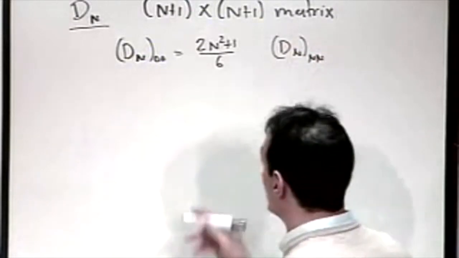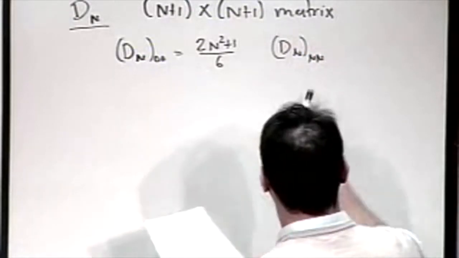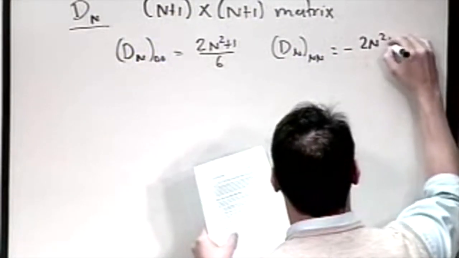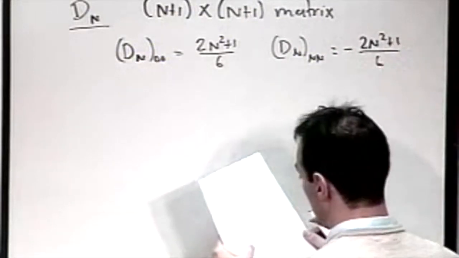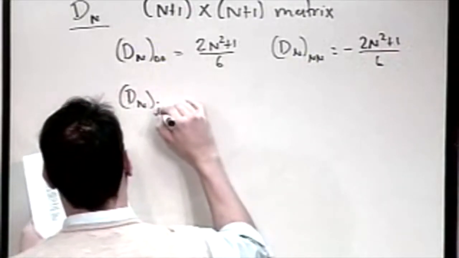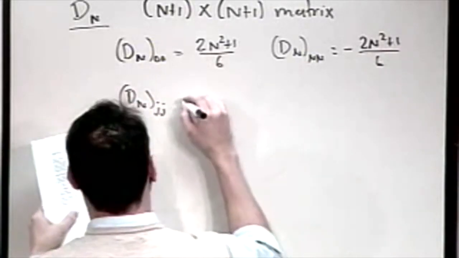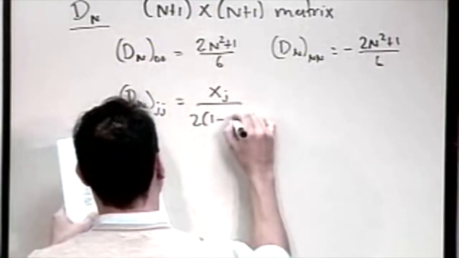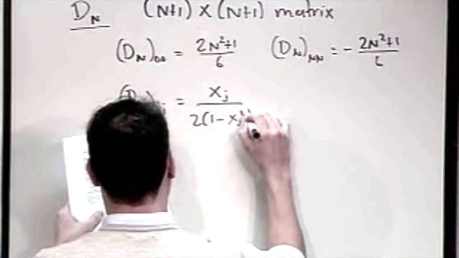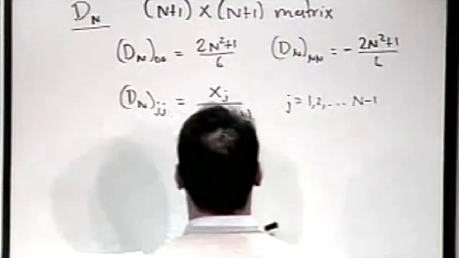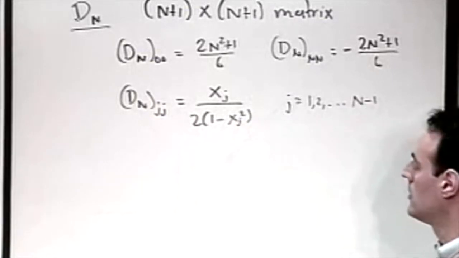The first diagonal, and the last diagonal is minus that. Here, those are all the diagonal elements.